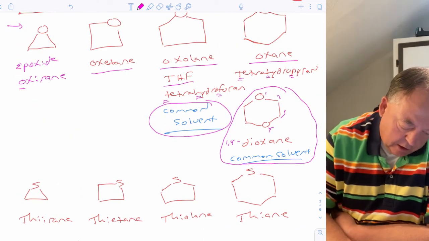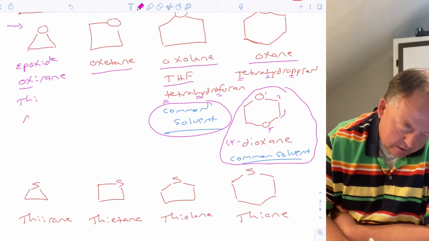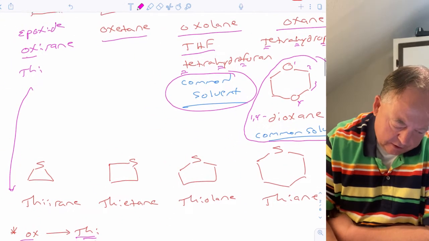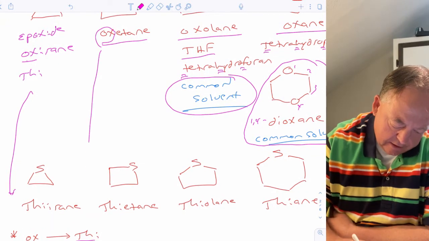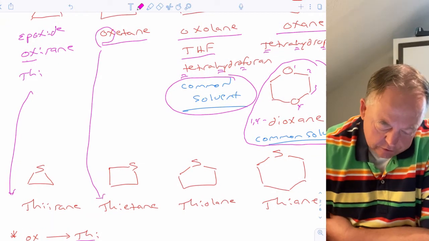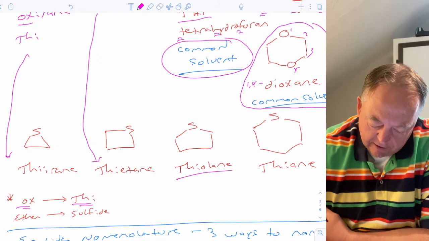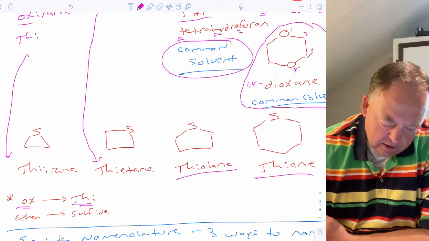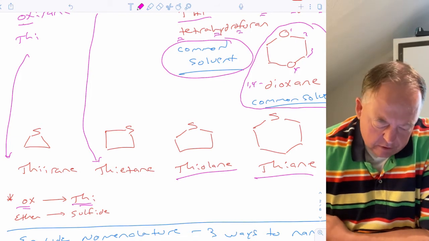So if we change the ox to thi, then this would be a thiirane. And same here, change the ox to thi. So a 4-membered ring with sulfur is a thietane, 5-membered ring is a thiolane, and 6-membered ring is a thiane. But I'm not going to expect you to know those.